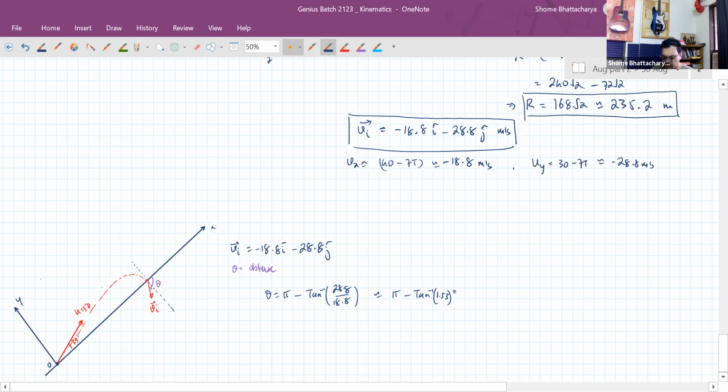So it's almost about 50... close to 60 degrees. Because had it been 1.73, it would have been exactly 60 degrees.